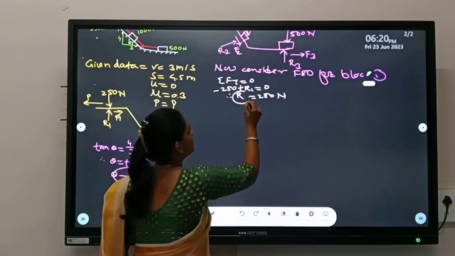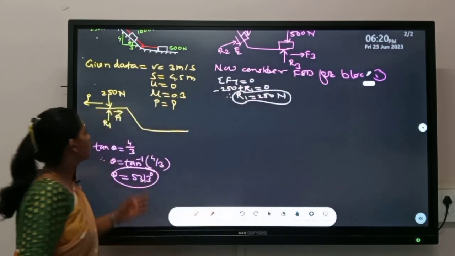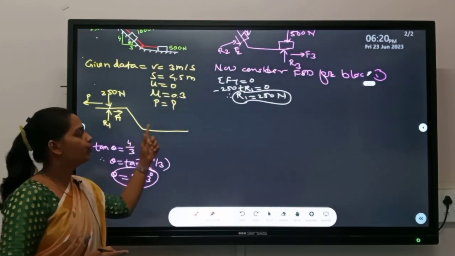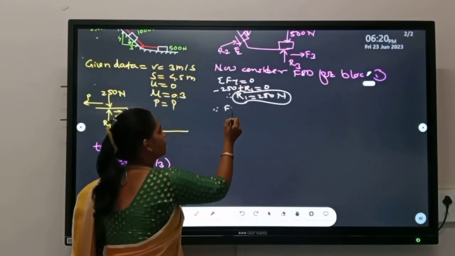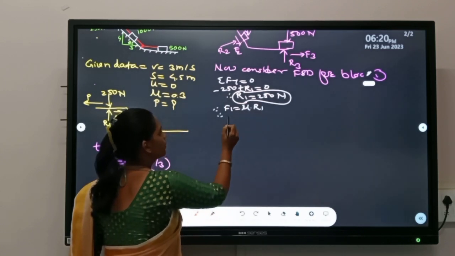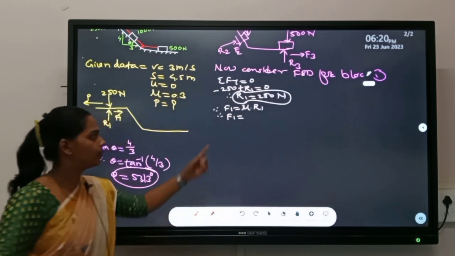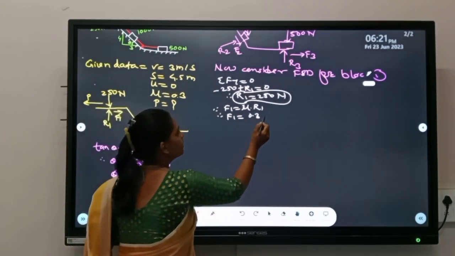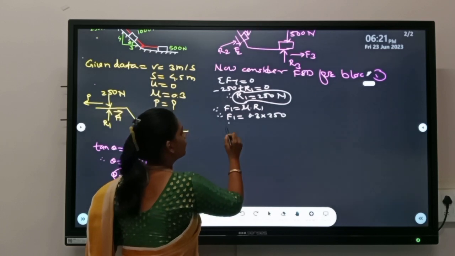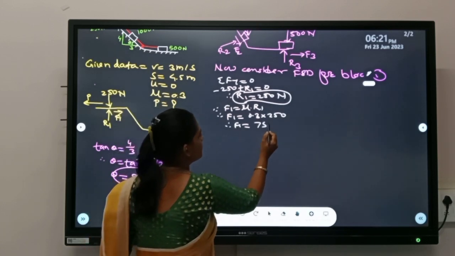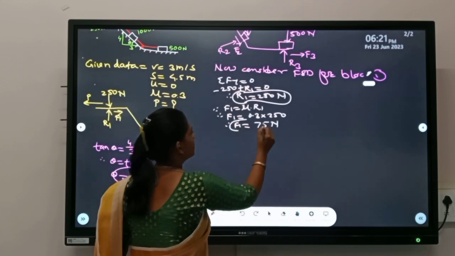Now we also have one more equation. Friction is the product of mu into R. Therefore F1 is equal to mu into R1. The coefficient of friction is given in the numerical, what is that value? 0.3. 0.3 into 250. Therefore F1 is equal to, what is this value? 75 Newton.